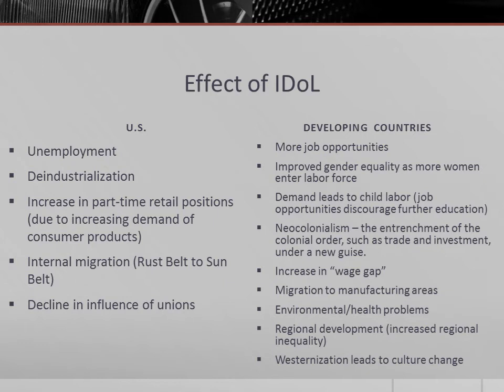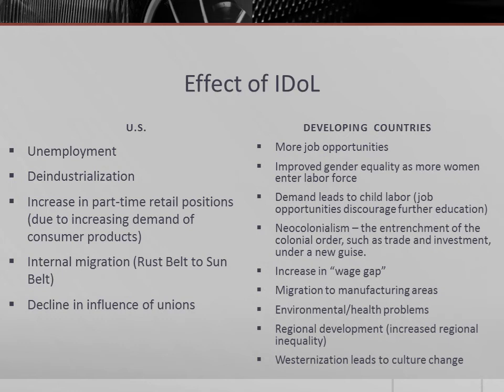We're seeing an increase in tertiary sector activities, which might be full-time, it might be part-time. We're seeing internal migration, which we'll see a little bit more evidently on the next couple of slides. With deindustrialization, people are moving where those jobs end up going.